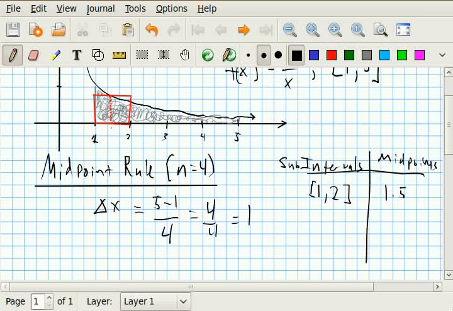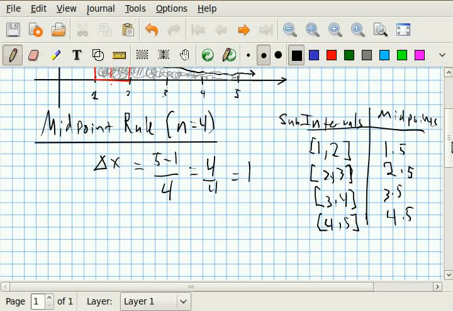The height is going to be the y value we get from putting 1.5 into the function. Our next interval is from 2 to 3, and the midpoint there is 2.5. Then we go from 3 to 4. The midpoint there is 3.5, and between 4 and 5, we have a midpoint of 4.5.